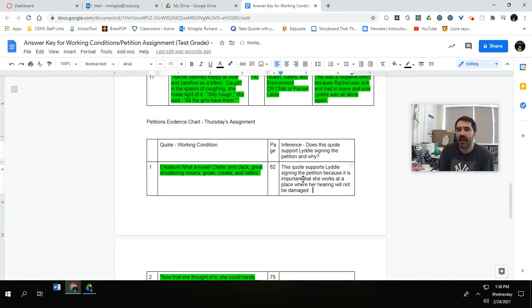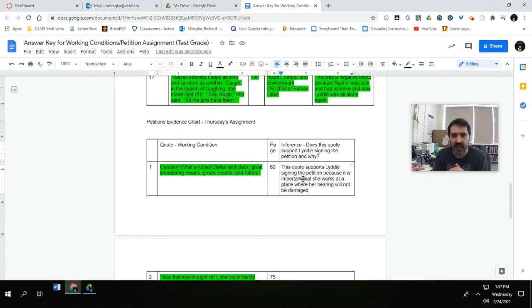Now, in Liddy's time, I really don't know what they could have done for the loud noises. Maybe they could have given them breaks. They didn't have the protection for hearing. You know, they could have put cotton in her ears to help. Maybe they could have already developed some early earplugs with wax. That'd be some research that you would have to do.